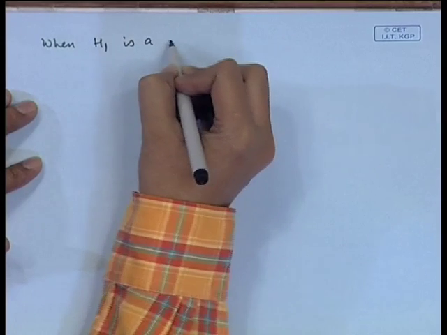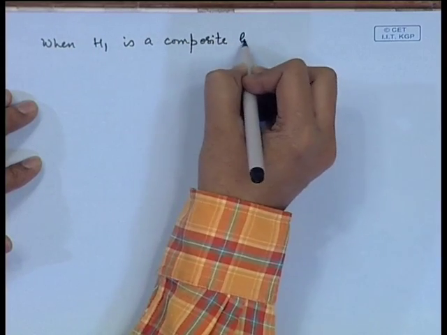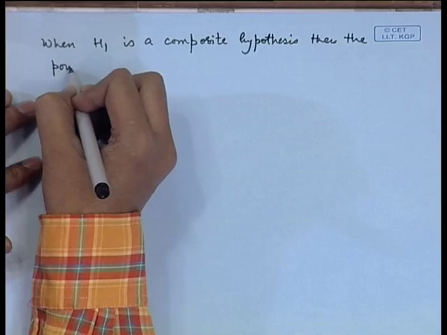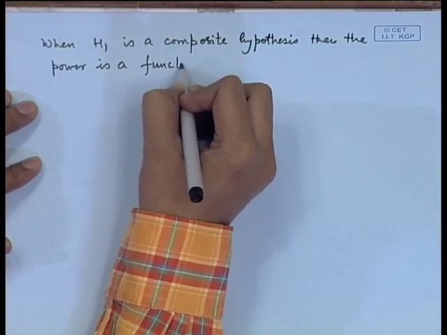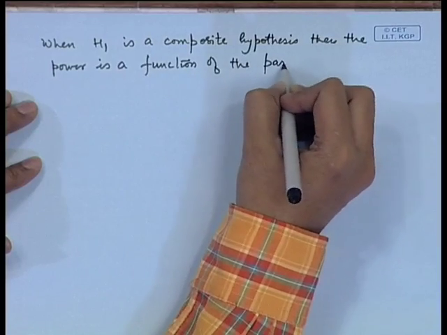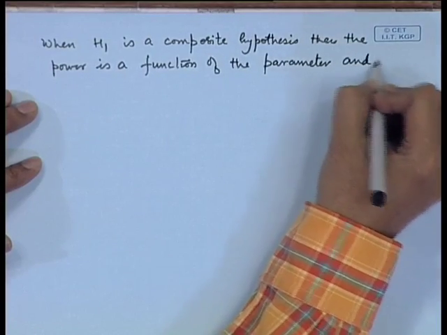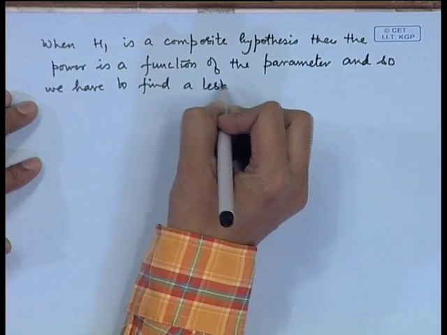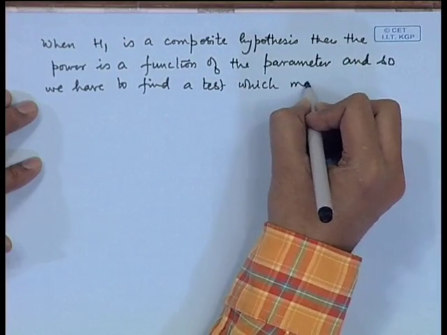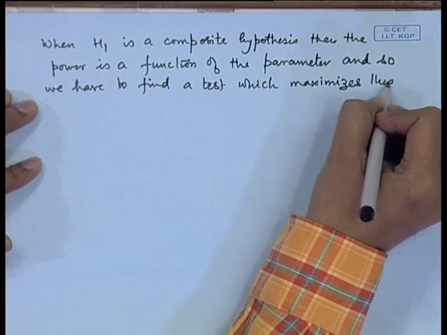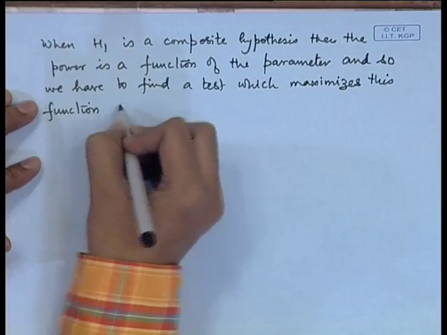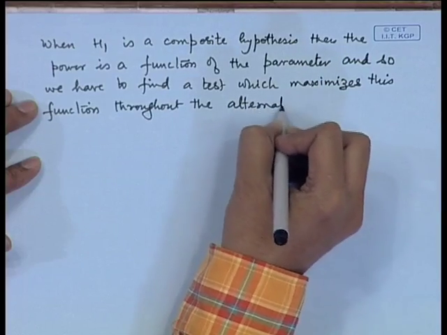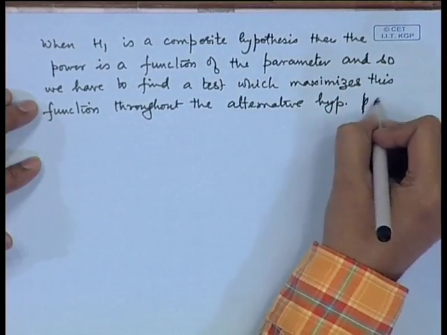When H 1 is a composite hypothesis, then the power is a function of the parameter, and so we have to find a test which maximizes this function throughout the alternative hypothesis space.